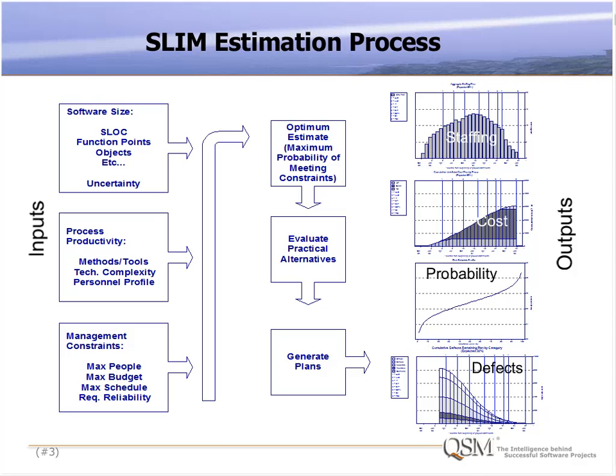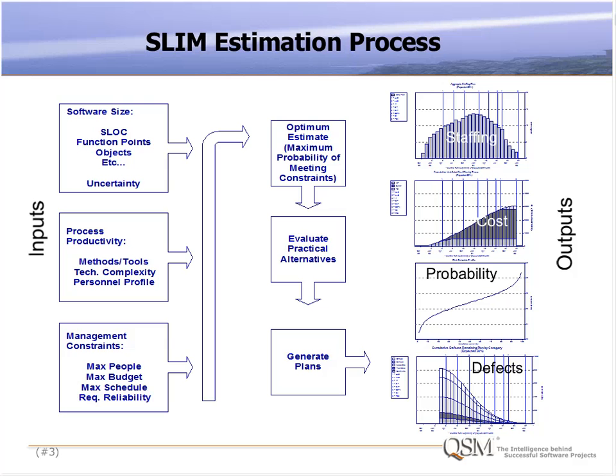Once we get a little bit of information together up front, we'll generate an estimate, and then we'll look at some practical alternatives, multiple estimates for the same release. Maybe we're meeting with a group of people, maybe we're meeting with the customer. We'll try to make an educated decision on what plan we should go forward with, and then we'll communicate that plan. That's the output column that you see there.